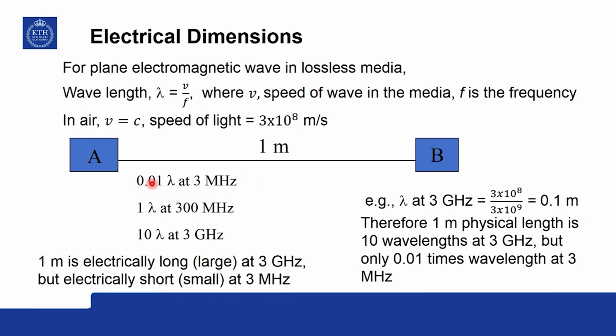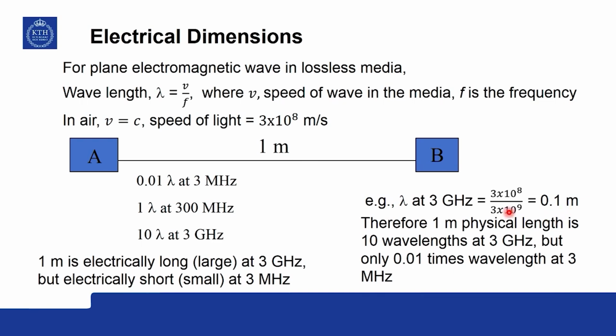So, it is 1/100th of a wavelength. And for example, the wavelength at 3 gigahertz is 3 into 10 to the power of 8 divided by 3 into 10 raised to 9. So, it is 0.1 meter only.